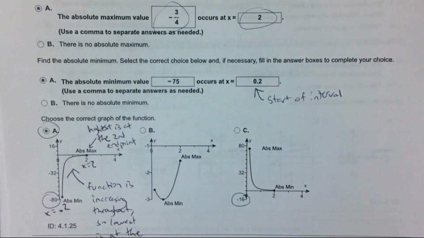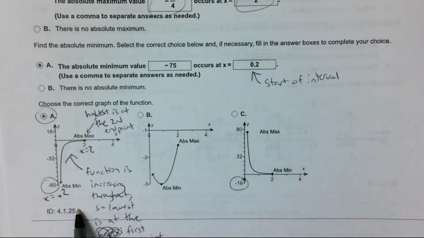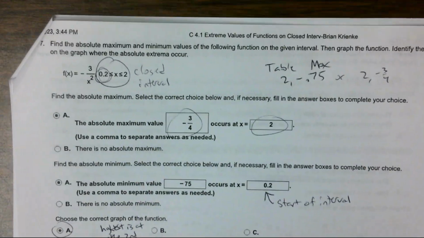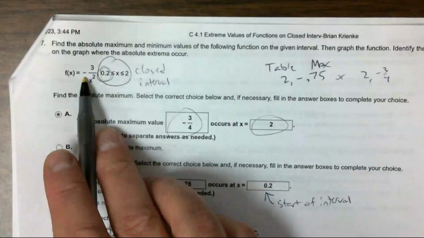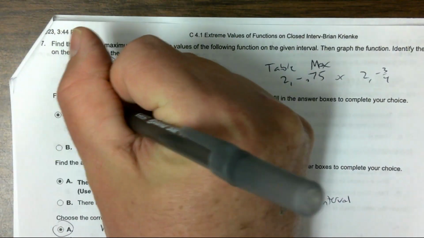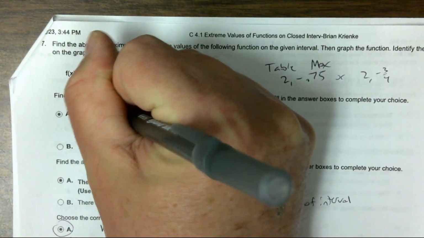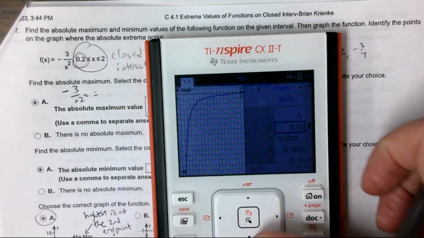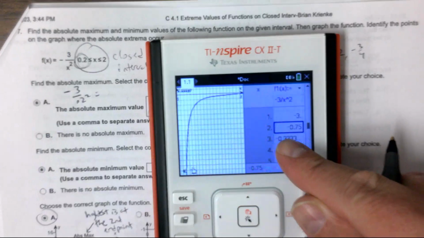Now, how do we get that y value? You could probably just put -3 over 0.2 squared. Otherwise, look in your table. But your table's going to be counting by ones.